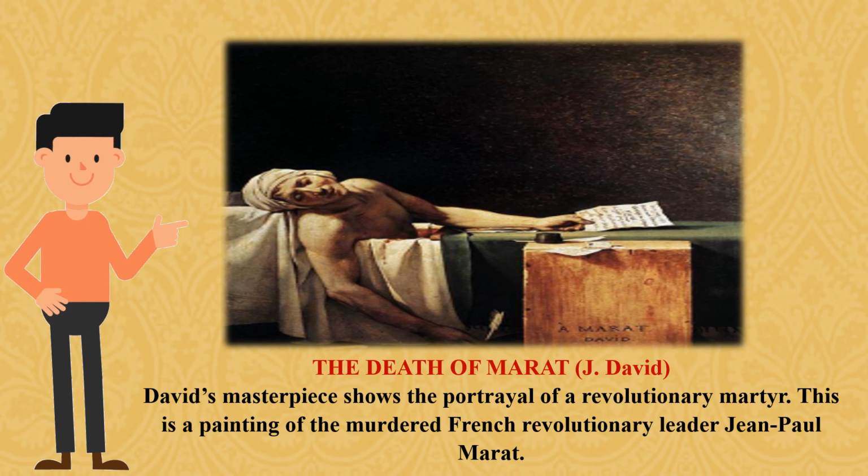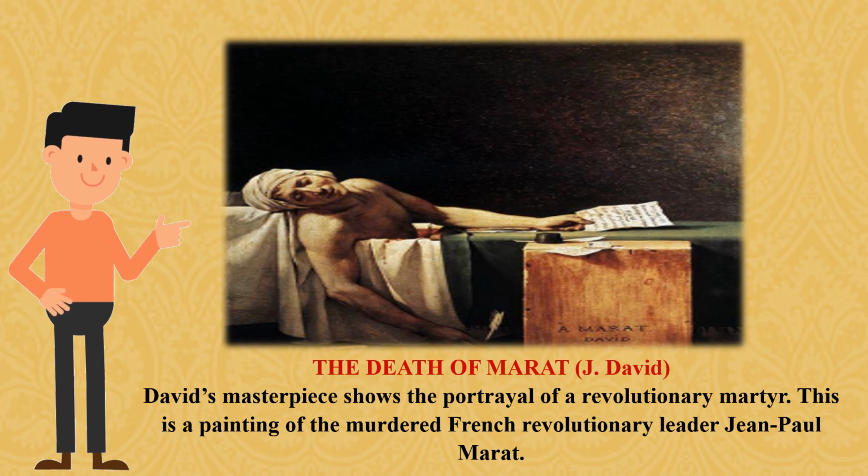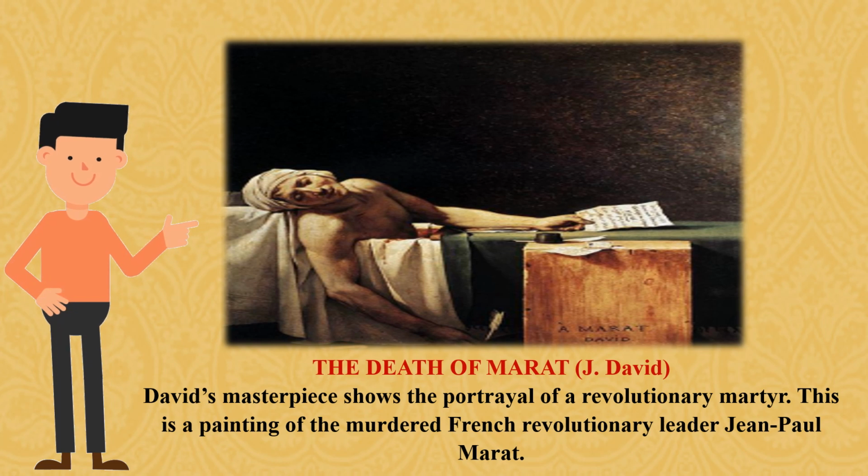So David's masterpiece shows the portrayal of a revolutionary martyr. So when we say martyr, it means that, for example, someone is imposing a law and you are standing on your own views and opinions, and then you died by your own philosophy or opinion, so you may be called a martyr.